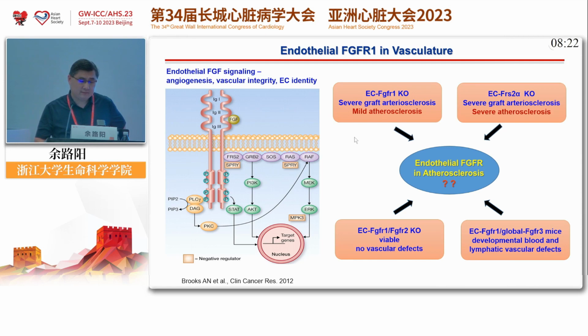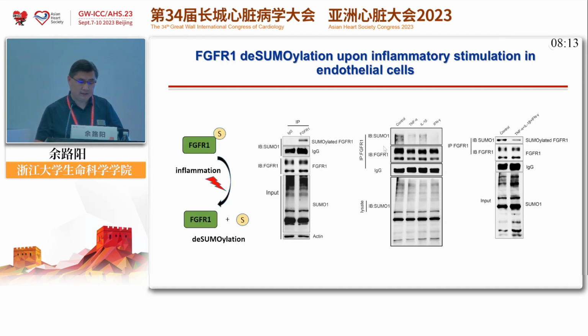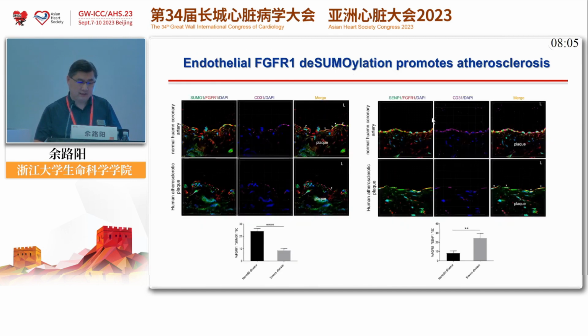So luckily, we find two classic SUMOylation sites in the tyrosine kinase domain in FGFR1, and this SUMOylation can respond to the pro-inflammatory stimulation in endothelial cells.